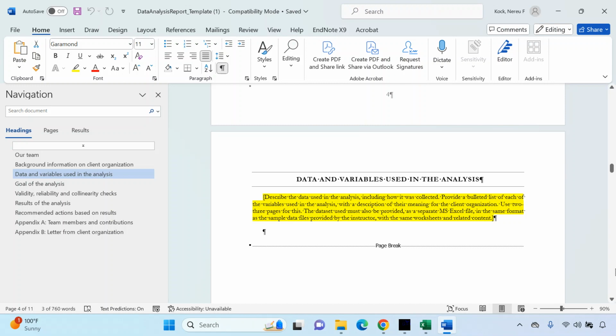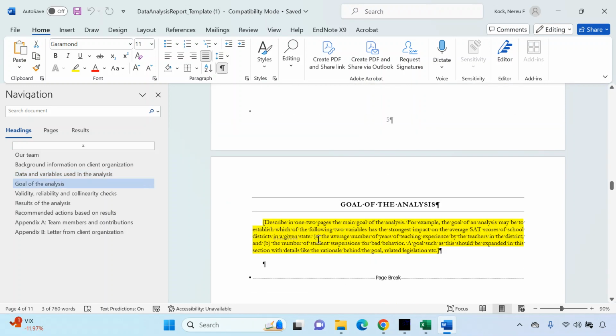So use the instructions in each section to come up with the number of pages. Well, this one, for example, 1 to 2 pages. And at the end, you have a certain number of pages. It doesn't mean much to have more pages or fewer pages.